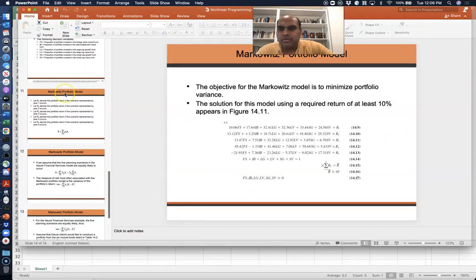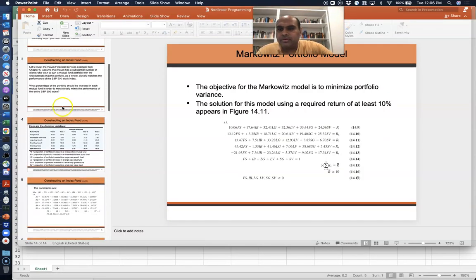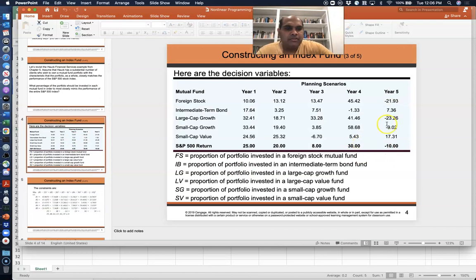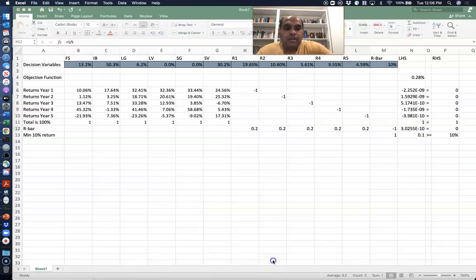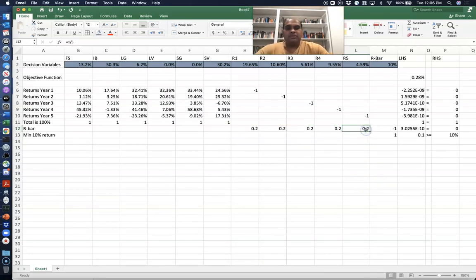If you look at the numbers here, notice that year 5 is when you get the least returns, year 3 is the next least return. So maybe you say that instead there's a 30% probability of this happening, a 30% probability of this happening, and let's say there's a 20% probability of this happening, and only a 10% probability of each of these.